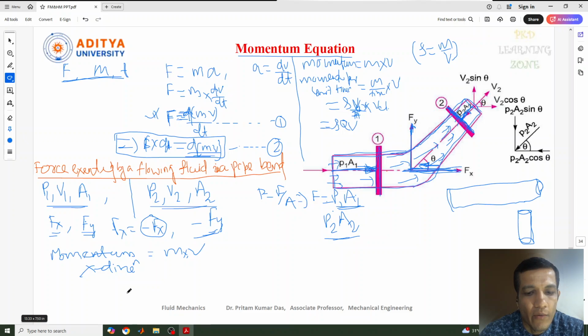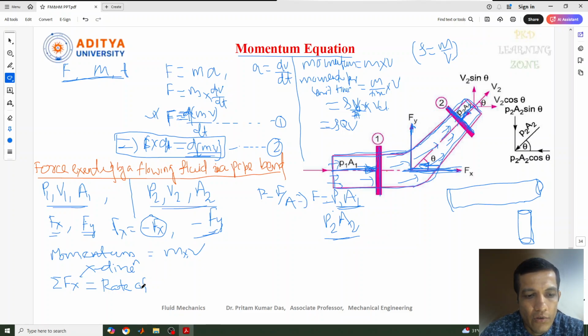Okay, now the net force which is acting in the direction of x, you can write the net force which is acting, or you can say the summation of force which is acting in the direction of x equal to the rate of change of momentum.